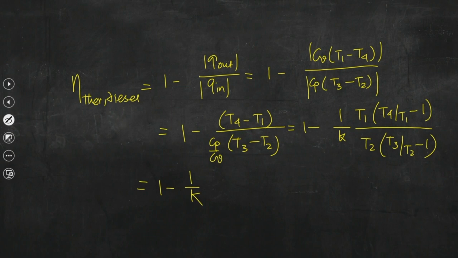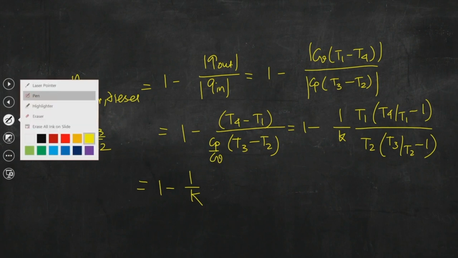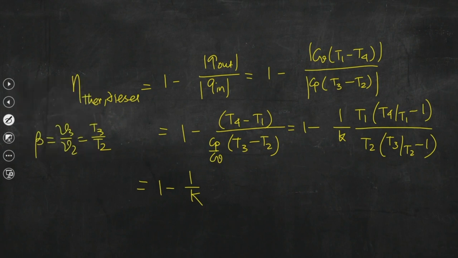I can directly write that beta equal to V3 by V2 equal to T3 by T2. So, this quantity is beta, right. And what about T1 by T2?